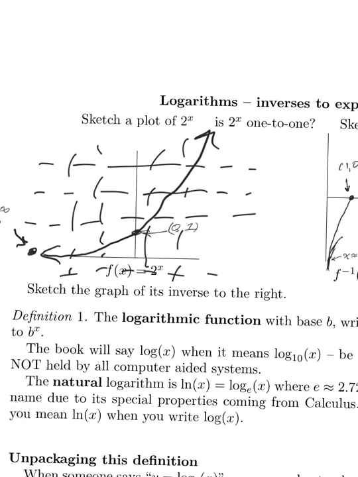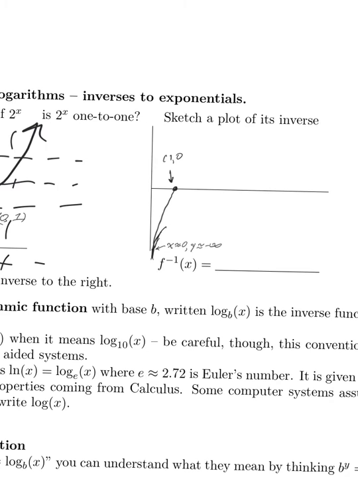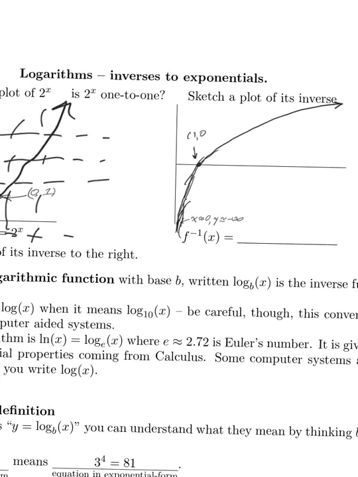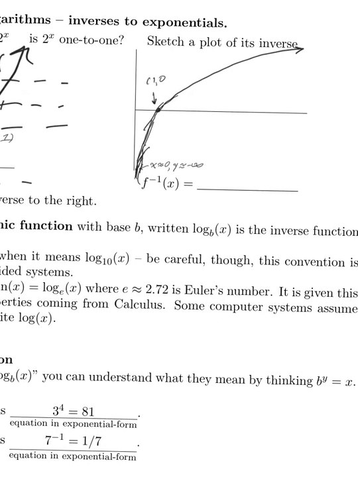And then, as x gets big, y gets big really, really fast. So you see this thing carving upward. On the inverse, it'll keep on growing, but instead of speeding up as it grows, it will slow down. So you'll see a logarithmic curve. So this is the graph of the inverse function of 2 to the x. And we'll give this thing a name. I will call that the log base 2 of x.